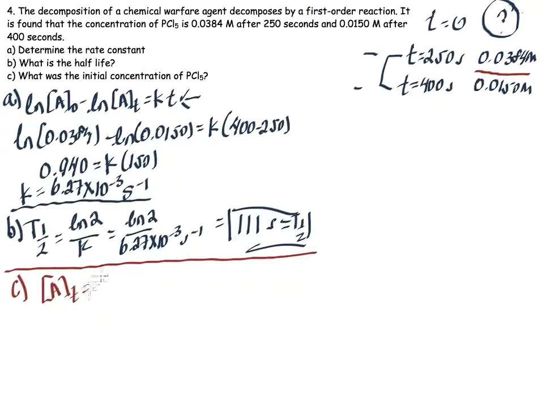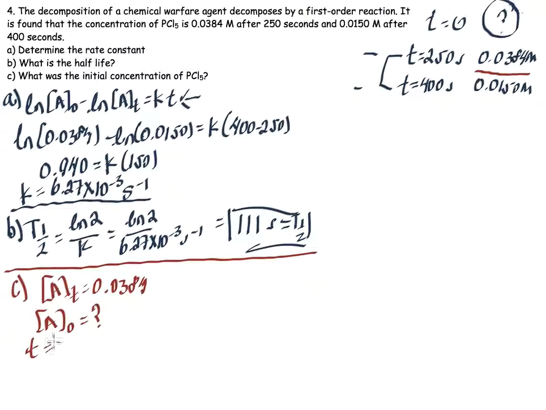So A at time t, I'm calling time t 250 seconds here. The concentration is 0.0384, right? And the concentration initially is unknown. That's what we're trying to find. And the time is 250 seconds between the initial unknown concentration and this value here.